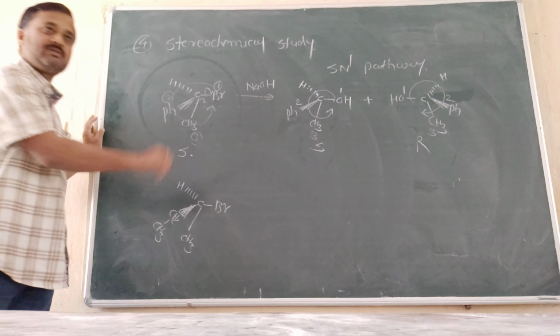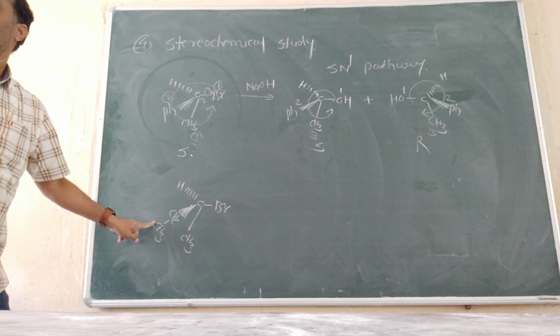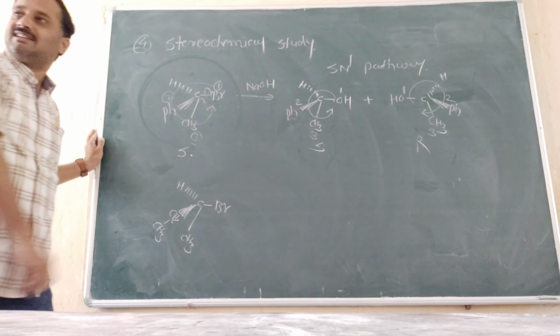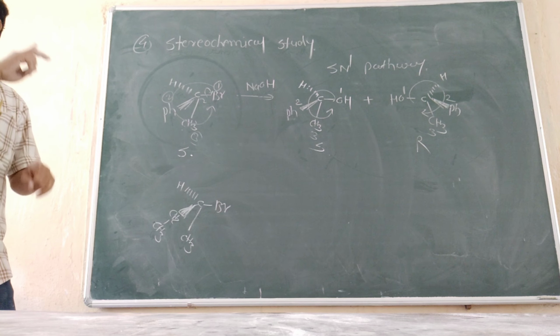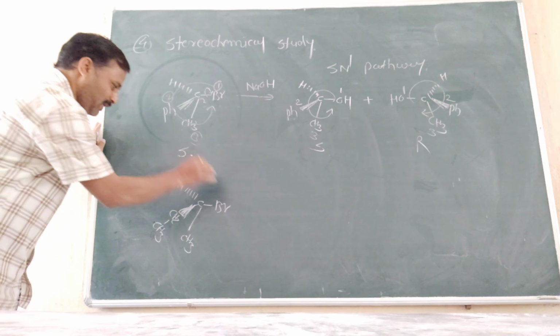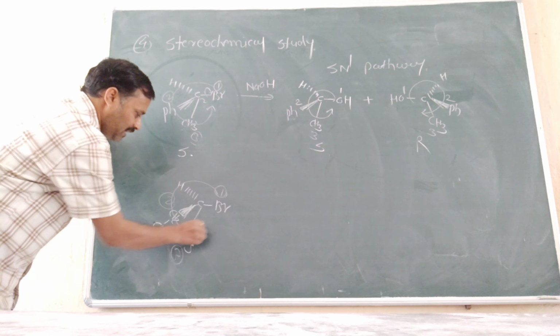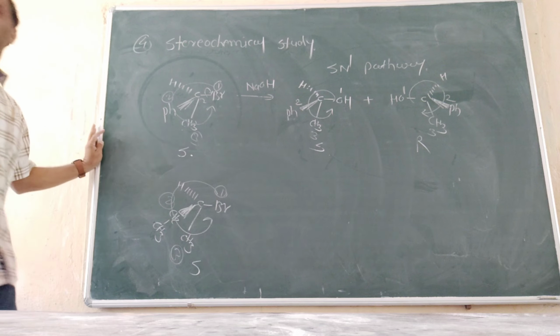What is the name of this compound? 1, 2, 3, 4. 2-bromobutane. And what is the configuration? Whether it is S or R? First priority, 1, 2, 3, anticlockwise direction. That is S configuration.